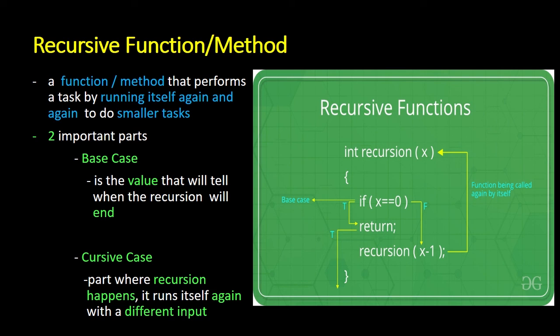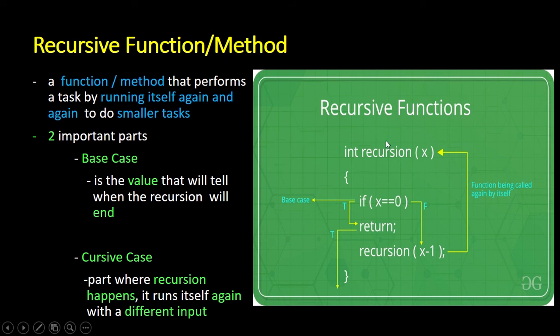It is a function or method that performs a task by running itself again and again to do smaller tasks. There are two important parts of a recursive function: the base case and the recursive case. The base case is the value that will tell when the recursion will end.